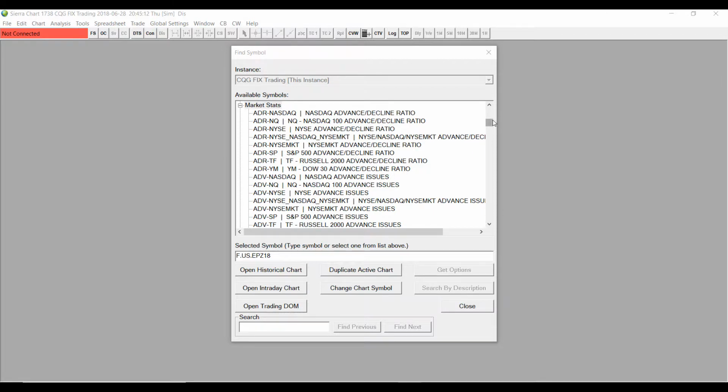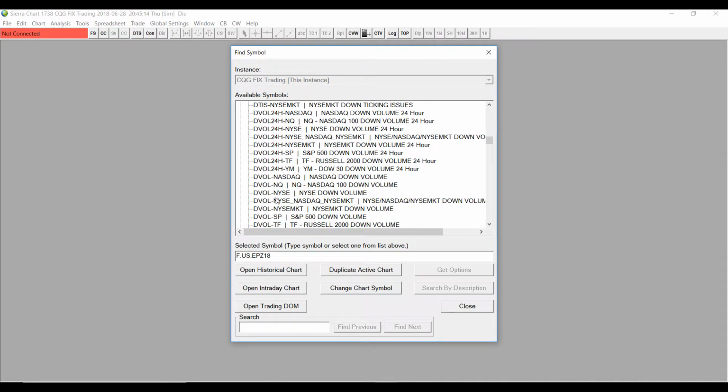So even if we scroll down, for example, to the D volume, as you can see, the D volume still has the NASDAQ market, the NQ market, and the NYSE market, etc. These descriptions and definitions for these markets don't change. If you do happen to forget what these prefixes mean, simply just go back in time on the video and go to the brief description that I gave for that market type.